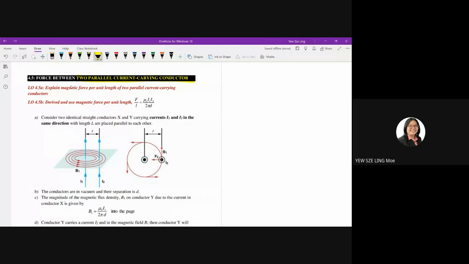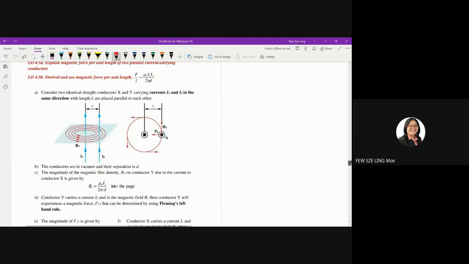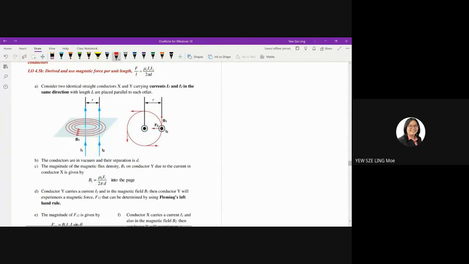So explain the magnetic force per unit length of two current carrying conductors. Derive and use magnetic force per unit length. So consider two identical straight conductors X and Y carrying currents I1 and I2 in the same direction with the length L, and they are placed parallel to each other.